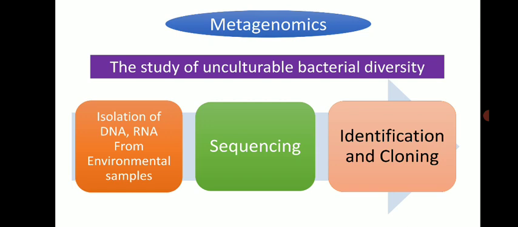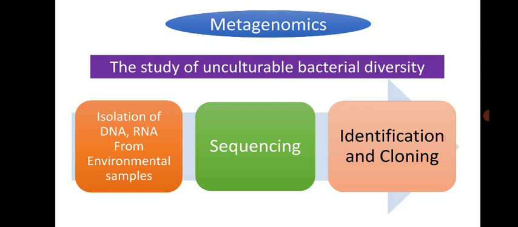And in the case of functional genomics, we can also understand what type of function they perform in that particular ecological niche or habitat. We can make a clone of the DNA that is extracted from unculturable bacterial diversity, and after cloning we can use this cloned DNA for various functional analyses, whether it produces antibiotics or products of commercial importance.